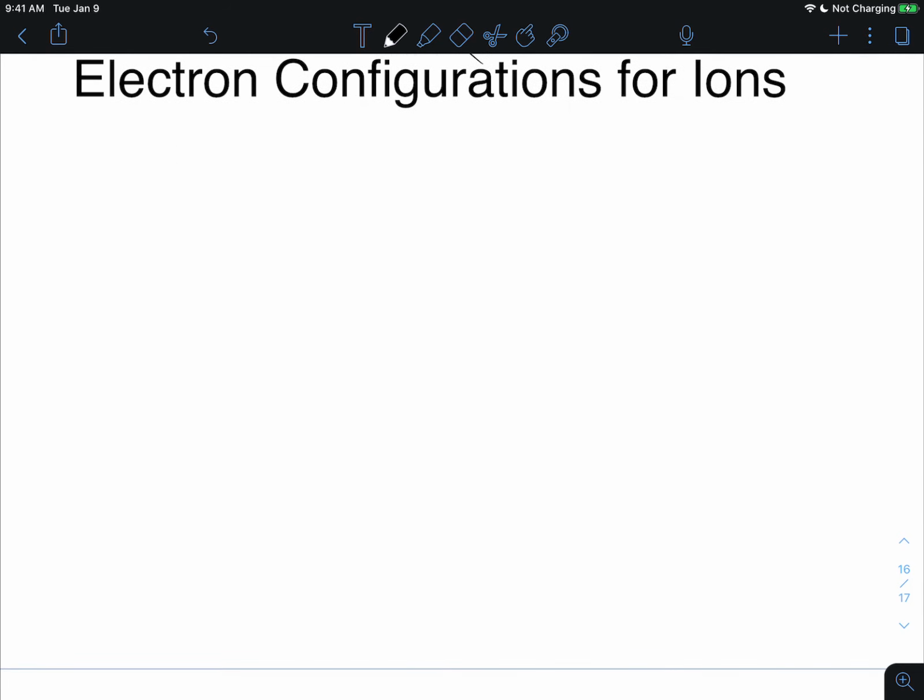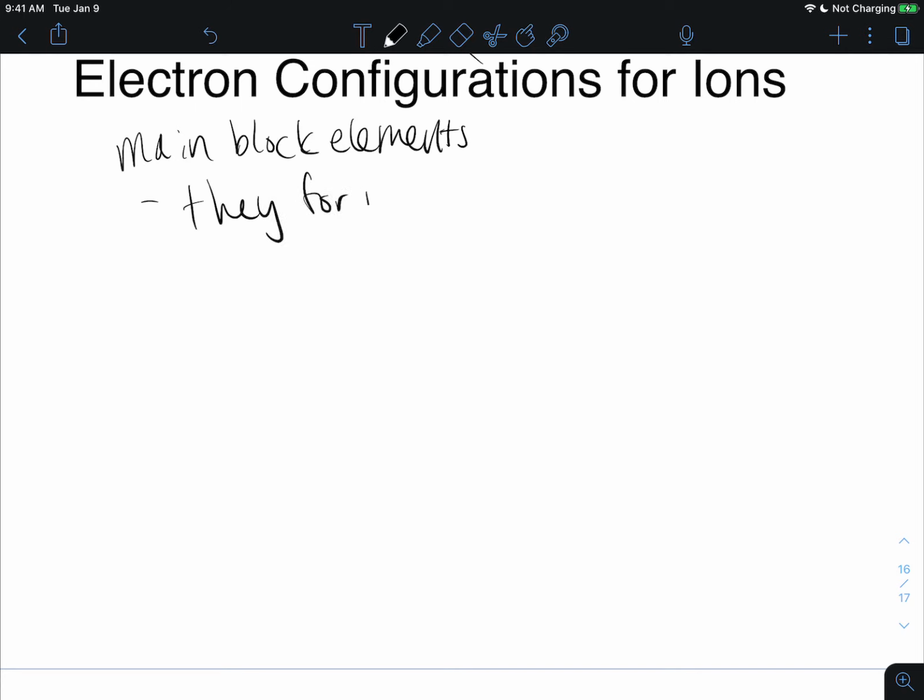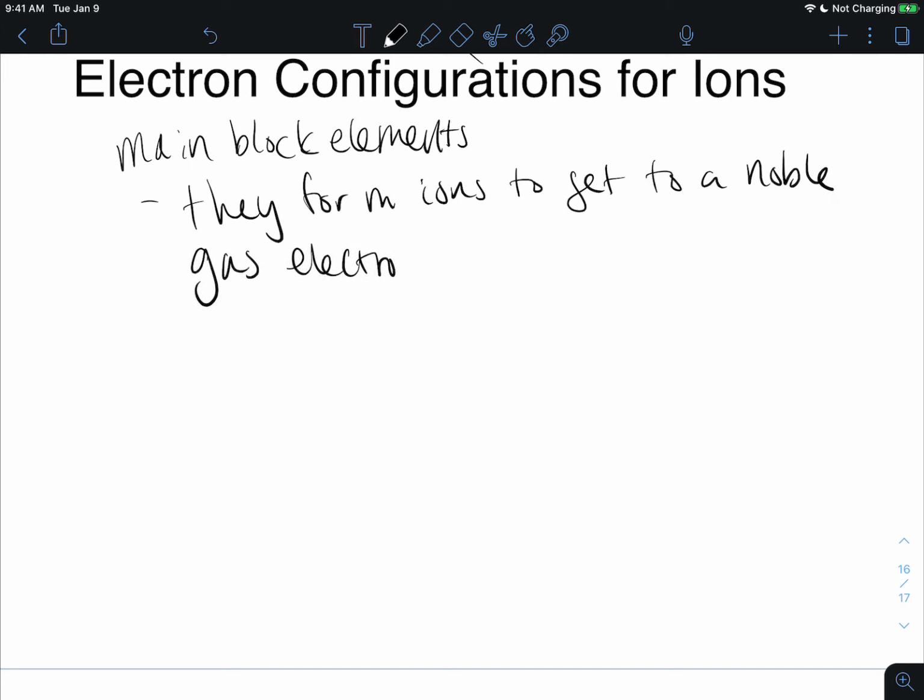Okay, the last thing we're going to look at within this unit is electron configuration for ions. And the configurations for ions are going to be based on what type of element we have. Main block elements are elements that are going to form ions in order to get to a noble gas electron configuration.